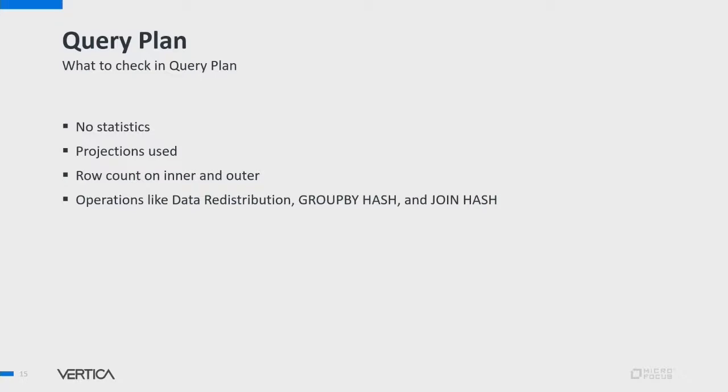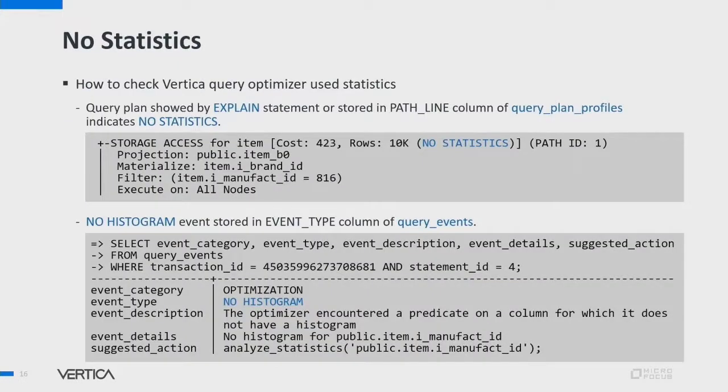during the query execution. To check if a query plan utilized full statistics or not, you can run explain on the query. Look closely at the storage access path line for no statistics or predicate out of range info.